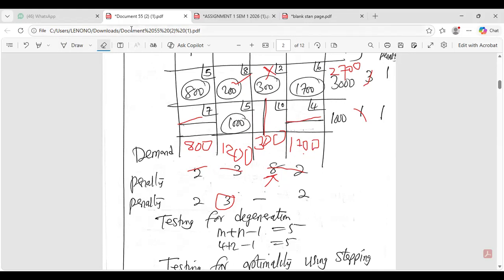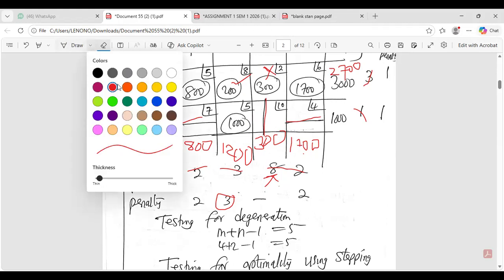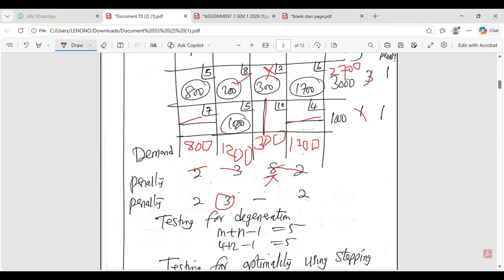It will come here so that it can balance up, because the 1,000 already has closed up here. So we can't put any figure here. So this 1,700 should come here. Okay, and then a 300 already came here, a 200 here, meaning that this 800 should just come on this one.